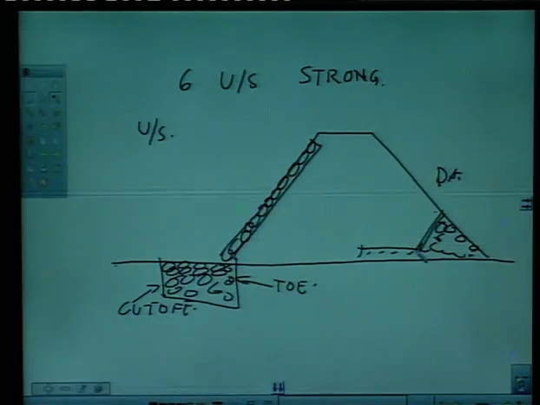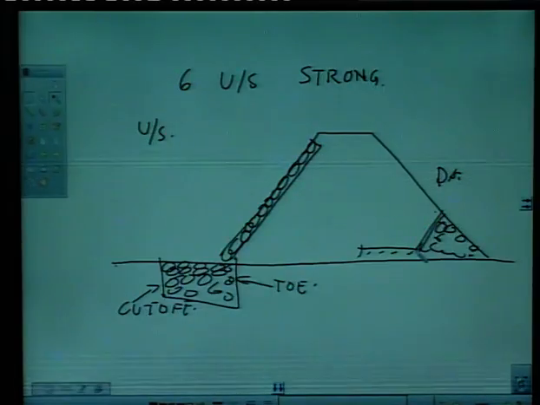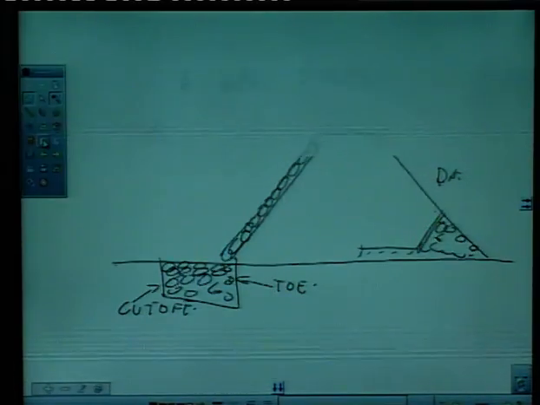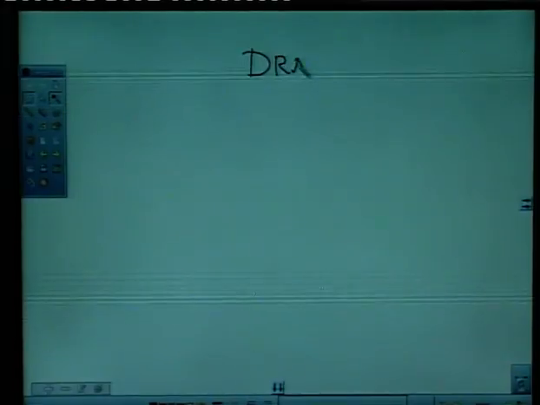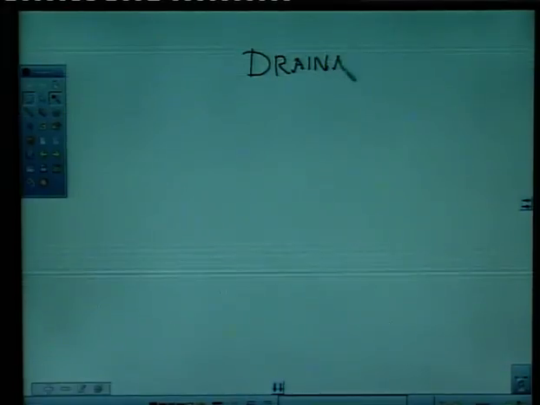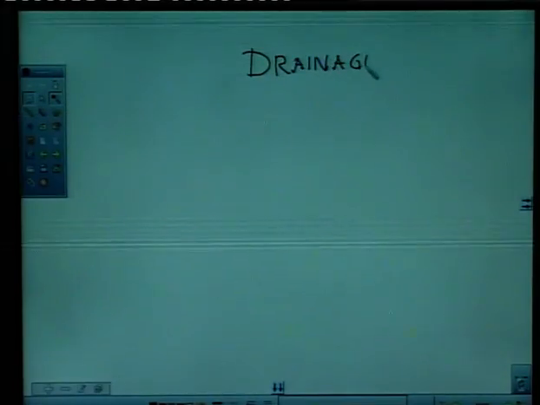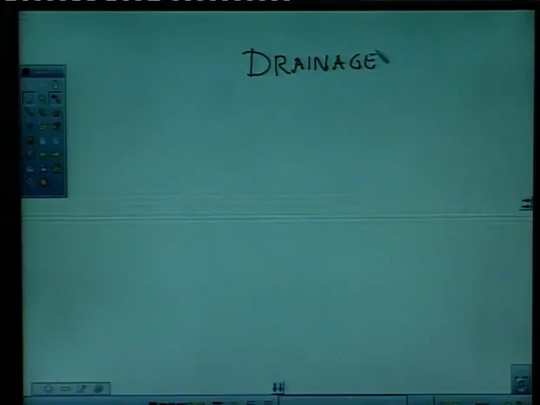Then we are having drainage in earthen dams. During the rainy season, the drainage system should be perfect.